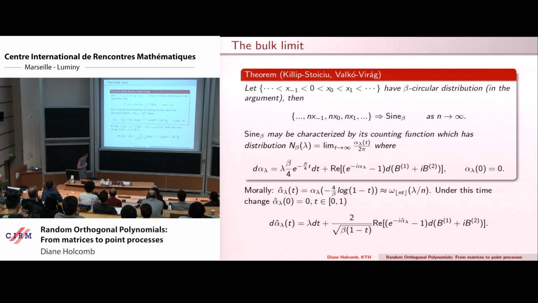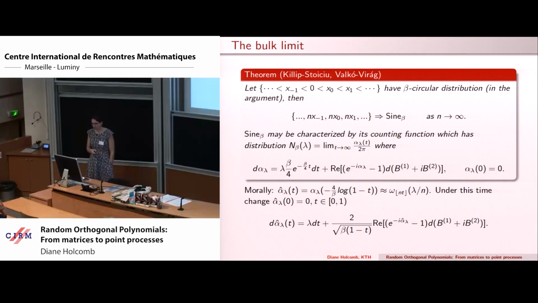And this is the limit statement. If we let these x's have the circular beta distribution, and I'm just centering them around 0, then if you scale them up by n, in the limit in distribution they converge to sine beta. And for us, we're characterizing this through its counting function, right? Which is defined in terms of this crazy stochastic differential equation that I've put down here.